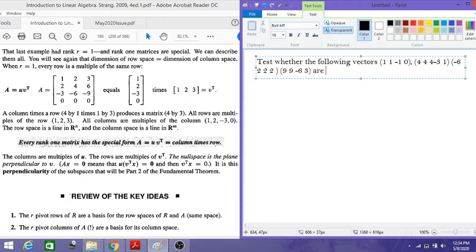Test whether these vectors are linearly dependent or linearly independent. Also find the dimension and basis.